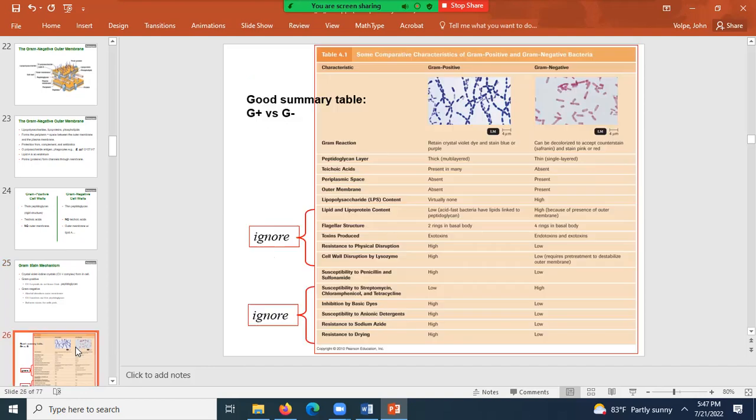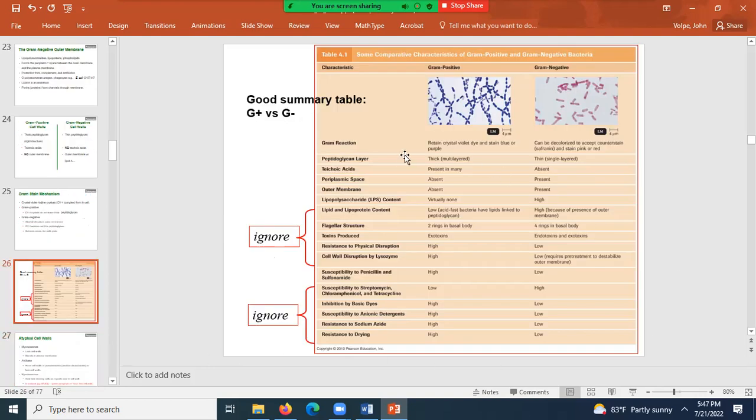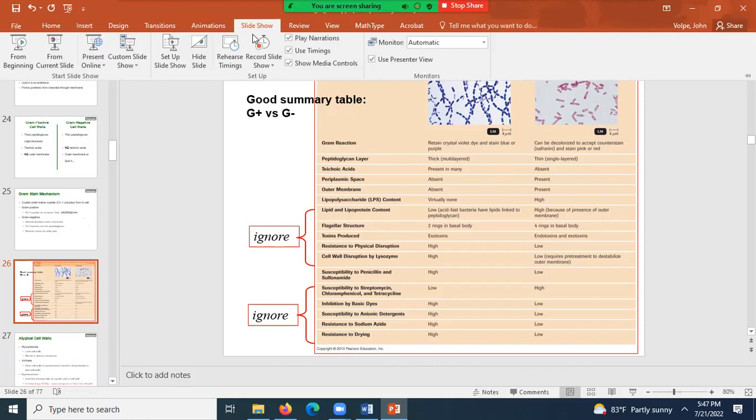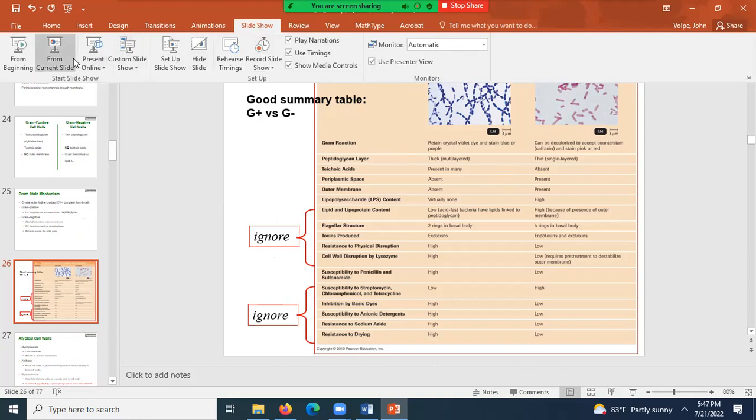And then this slide is just showing you a comparison of gram-positive and gram-negative cells.